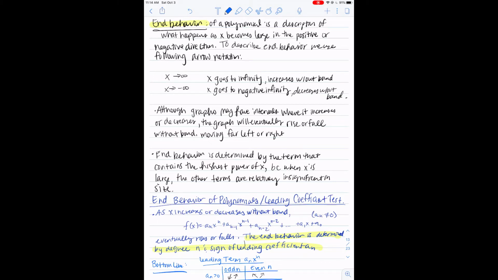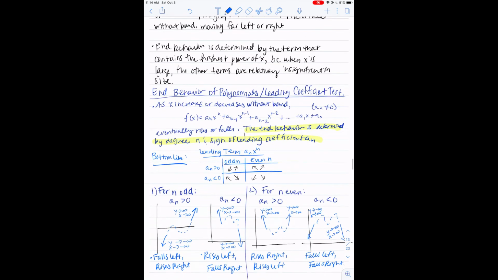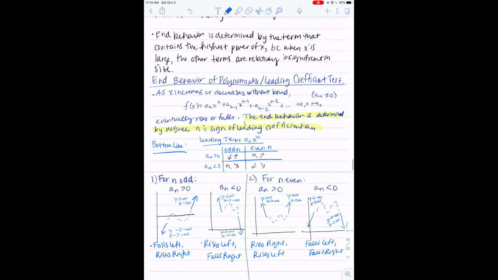By moving really far left or really far right, it'll eventually stop going all over the place and get pretty consistent. Our end behavior is determined by the term that contains the highest power of x.